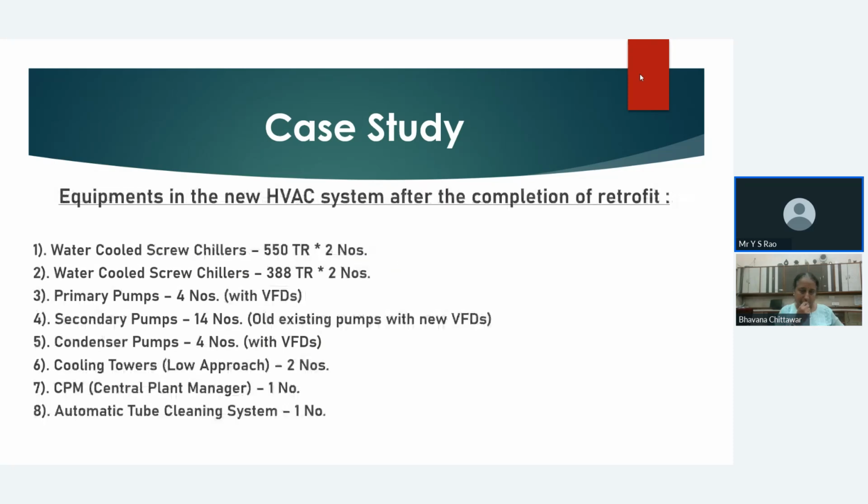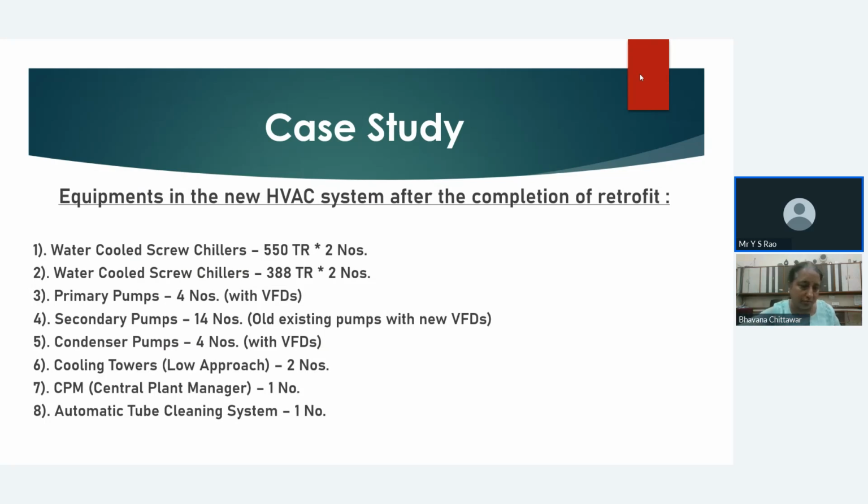The proposed ECMs were to replace the existing HVAC plant setup with 2 water-cooled screw chillers of 550 TR capacity each. Out of the 4 existing water-cooled screw chillers of 380 TR capacity each, 2 were retained.